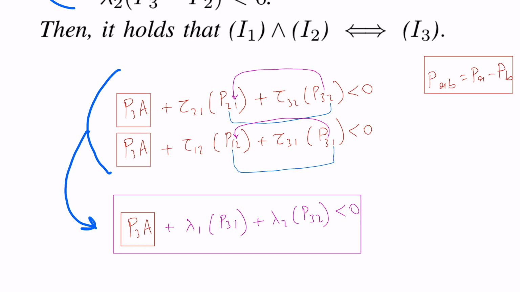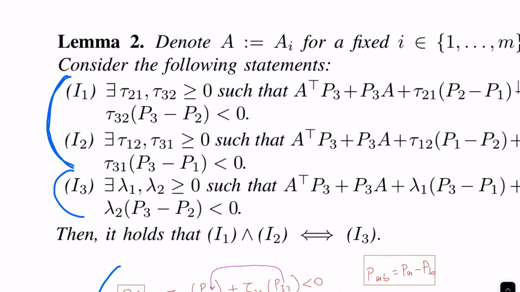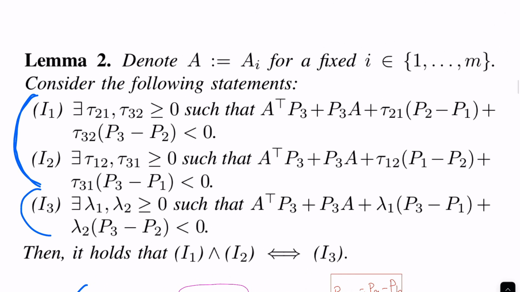Instead of looking at two elements, you can write something like that. And those lambda 1 and lambda 2 need to be non-negative.